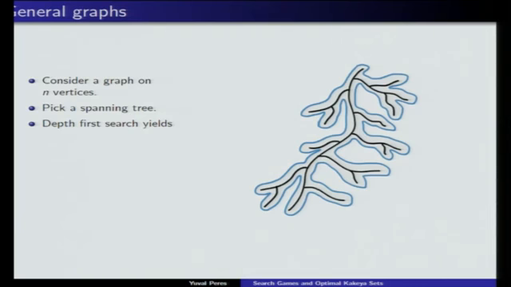So if the hunter plays as if he's playing on this cycle, we know he will capture in time n log n. And the fact it's not really a cycle, but that it means that certain vertices that are distinct on the cycle are identified in the spanning tree. But this just means that the hunter might bump into the rabbit even faster on this graph than on the cycle. So the upper bound of n log n still applies.